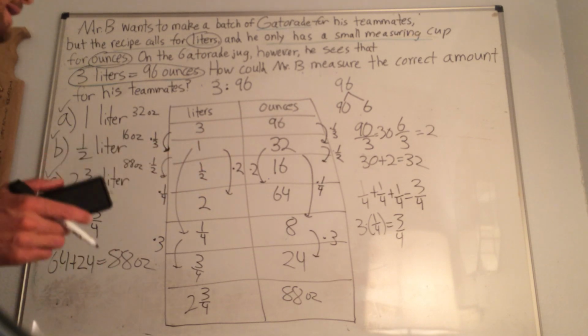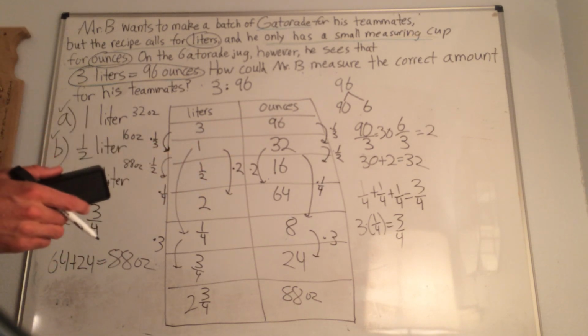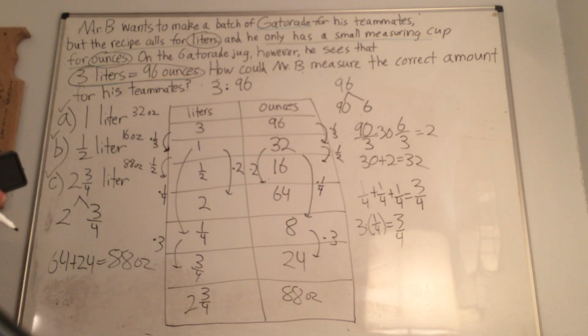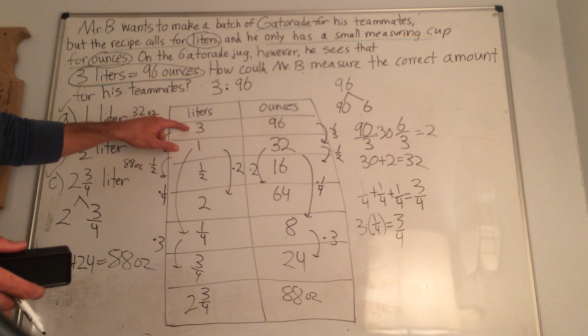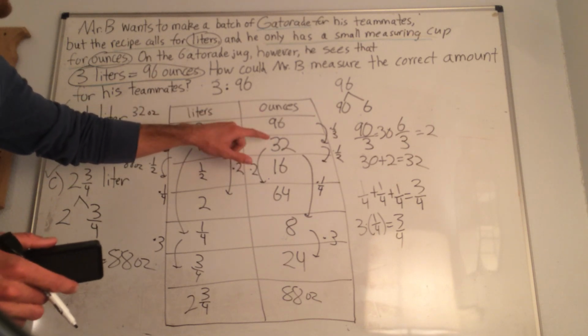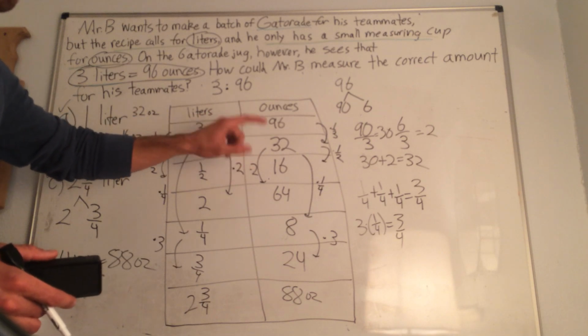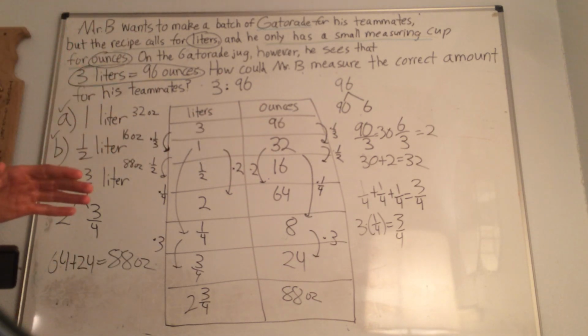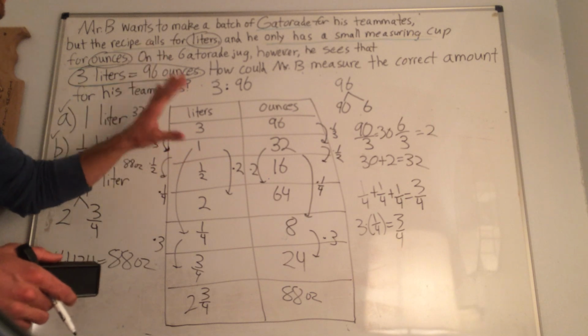Now, a point I want to make when you're solving ratio tables is that if you get to a point in the table where you know what to do next, like, hey, I want to divide 3 by 3 to get 1, and I want to divide 96 by 3, but I don't know how to do 96 divided by 3, that math's too hard for me. That's okay. I know that you understand the problem.